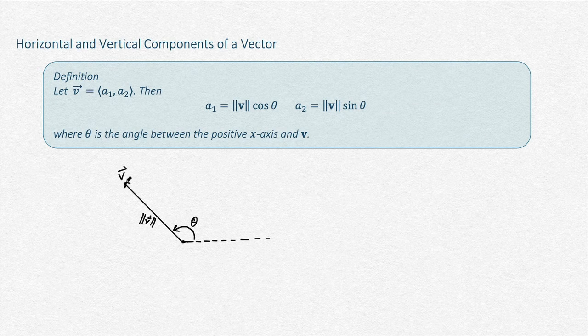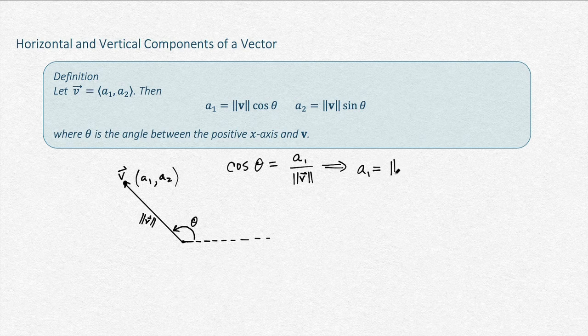And so if I just think about this point right here at the end of this vector, that point a1, a2, I know that the cosine of the angle theta, by definition, is a1 over the magnitude, that distance right there, which is the magnitude of v. Of course, then I can solve for a1, multiply by the magnitude of v, and we get a1 equals the magnitude of v times the cosine of theta.